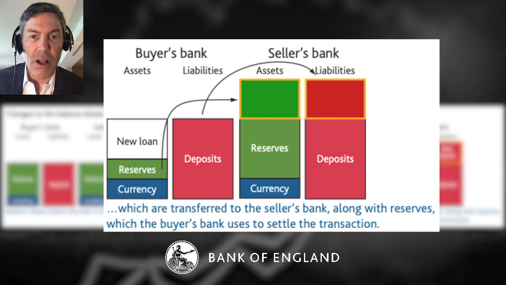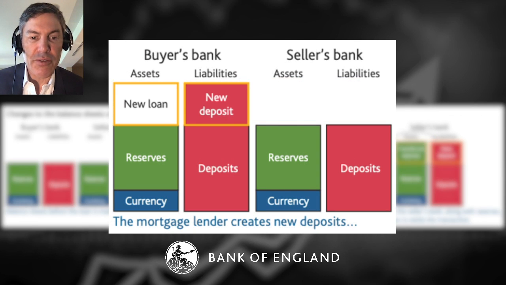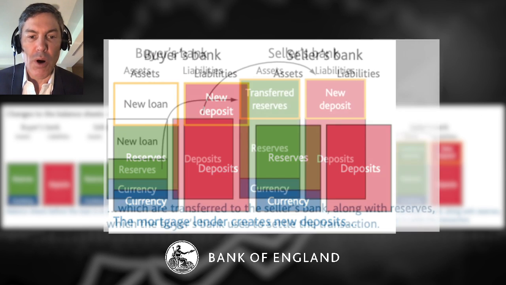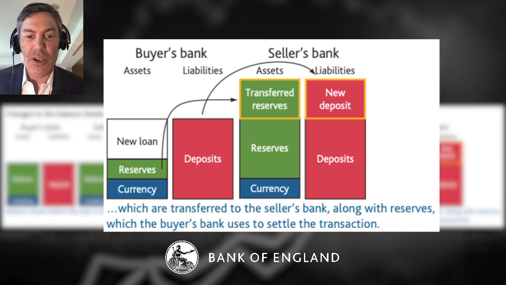And those dollars, if we go back to this middle portion, those dollars are new deposits. Therefore, those dollars did not exist before. So through the process of creating this new mortgage, we created new dollars circulating in the real economy.